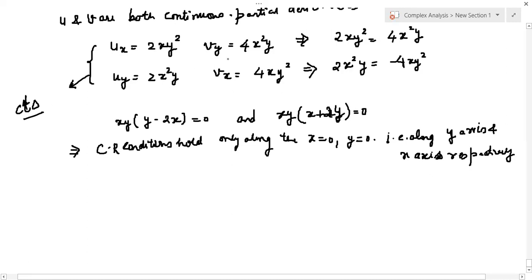Okay, so they are continuous on the entire complex plane, in fact, but they are continuous also on x equal to 0 and y equal to 0. The Cauchy-Riemann conditions are holding true. It implies what? f is differentiable only on the points x equal to 0 and y equal to 0. That is, f is differentiable only along the y-axis and x-axis.